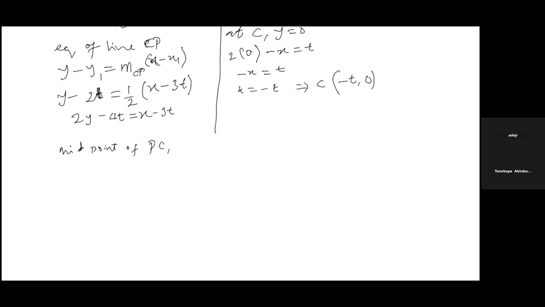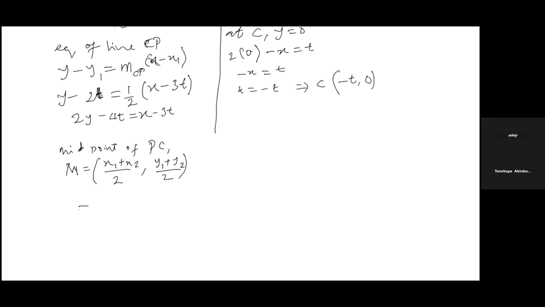M equals, now in that sense, x1, y1 will come from P, and x2, y2 will come from C. So don't forget the formula x1 plus x2 over 2, comma y1 plus y2 over 2. That's the formula for the coordinate of the midpoint.